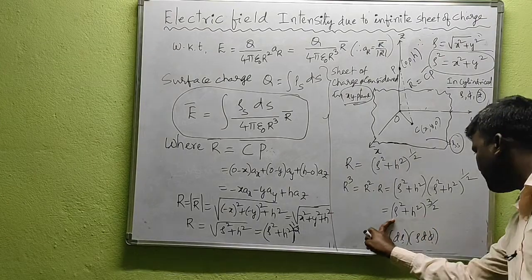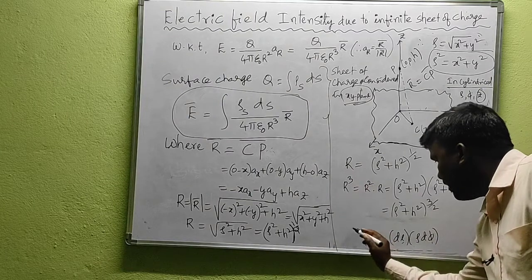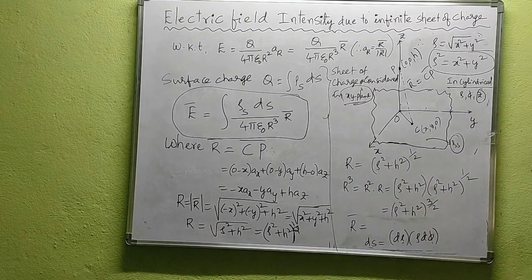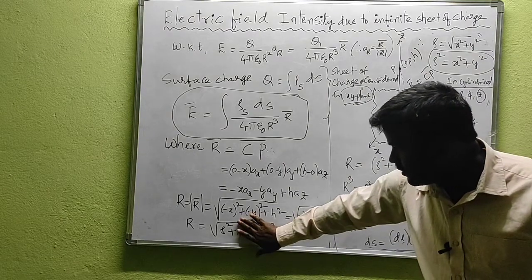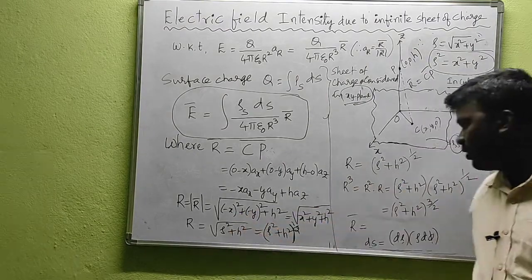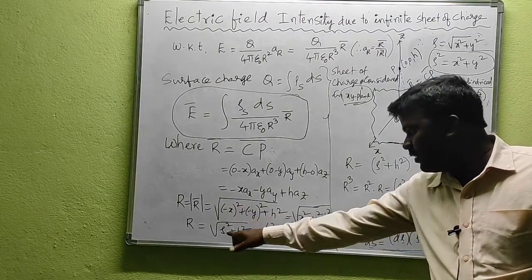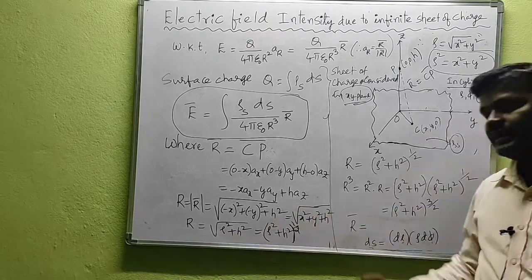And what about r bar? From this we can write r. Okay, this is r, and we have only two components. X and y are related to rho, so we have a component along the rho direction and a component along the z direction.